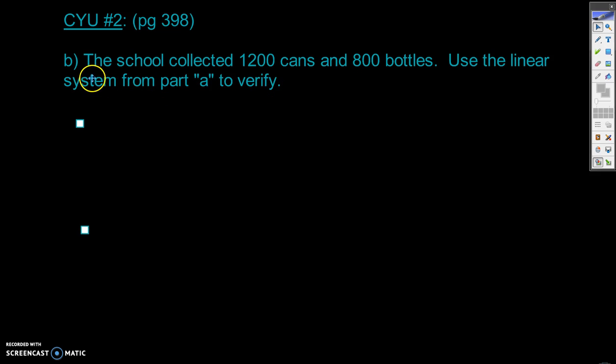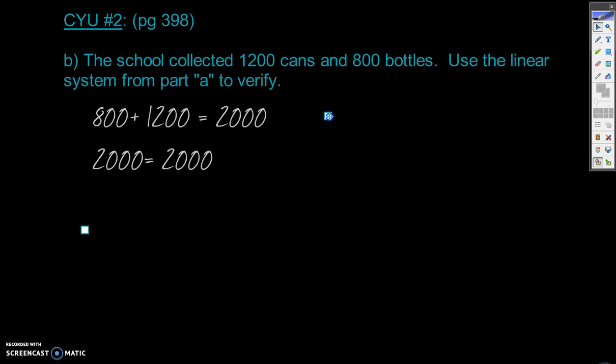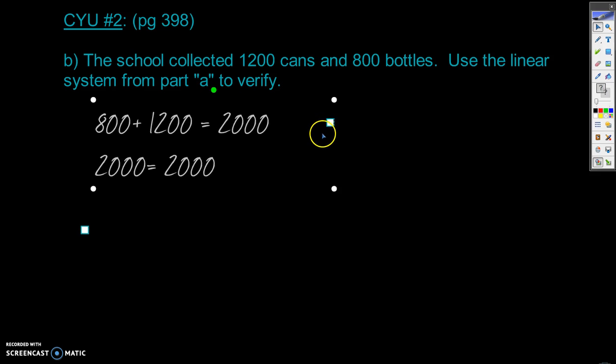Okay, so now what we're going to do is we're going to use our first equation, which was B plus C equaled 2,000. Okay, so we got the 800 bottles, and we have 1,200 cans. Added those up on the left-hand side. 800 plus 1,200 is 2,000.